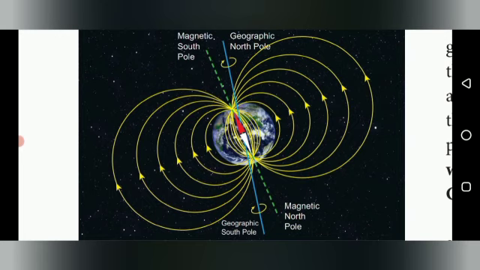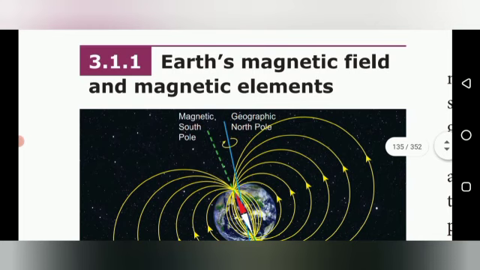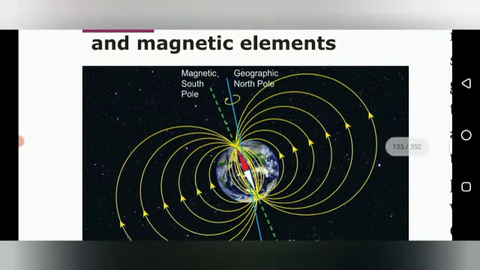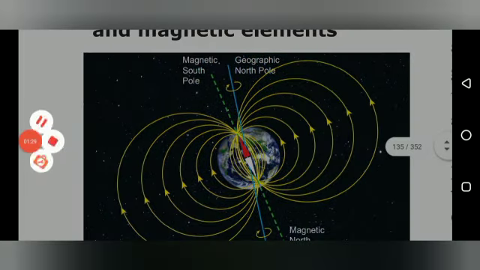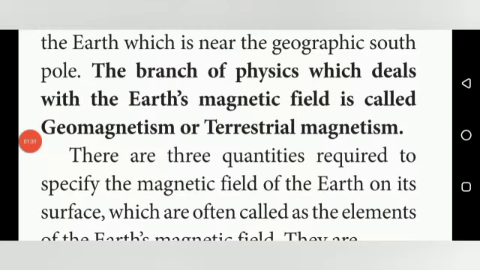Then in the Earth's magnetic field there are some magnetic elements. This is the difference between the original and the magnetic field. The branch of physics which deals with the Earth's magnetic field is called geomagnetism or terrestrial magnetism.